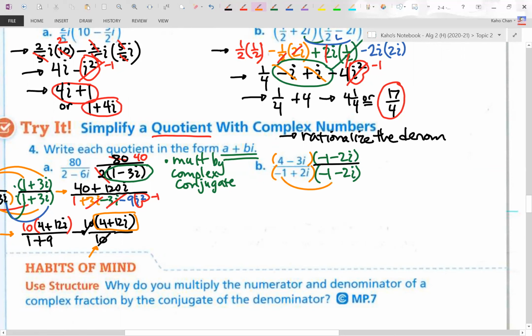First term, -1 times -1 is +1. Color, color, color. Outer terms, -1 times -2i is +2i. Oh yeah, they go away, don't they eventually? They do go away eventually. I'm going to write it all out. Minus 2i there.